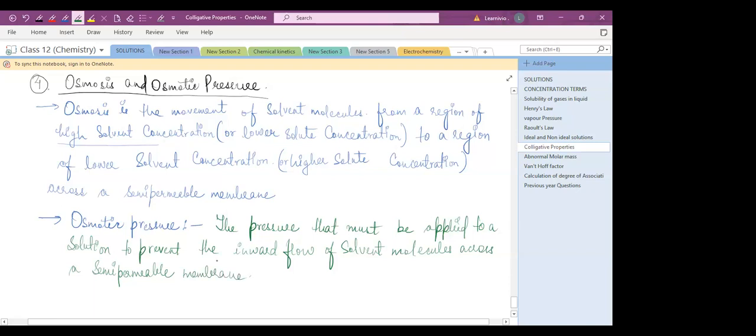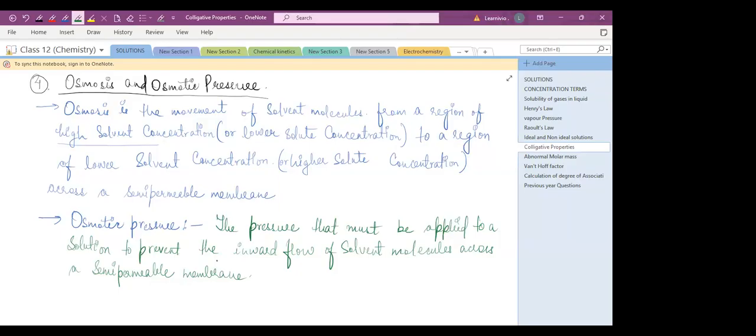Right. So what is osmotic pressure? Basically, it's a pressure that must be applied to the solution in order to prevent the passage of solvent molecules into the solution, right? Which is through a semi-permeable membrane. Okay, so it is known as osmotic pressure.